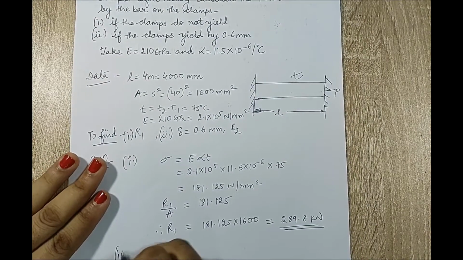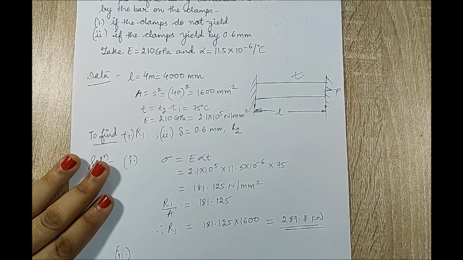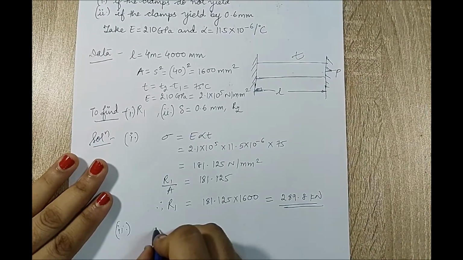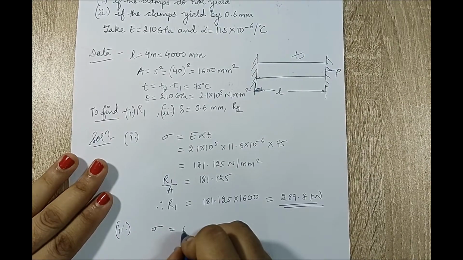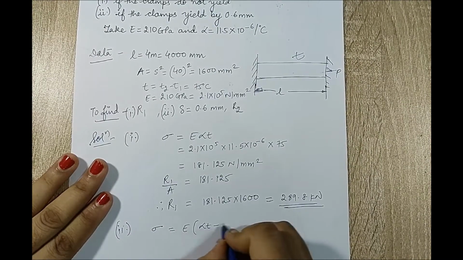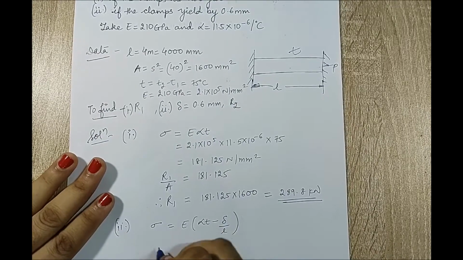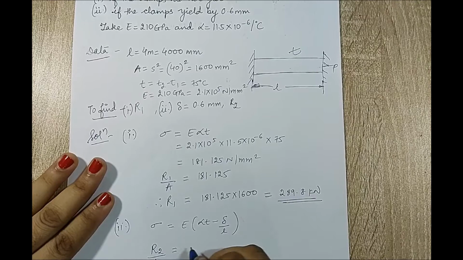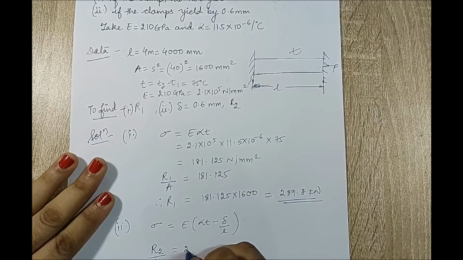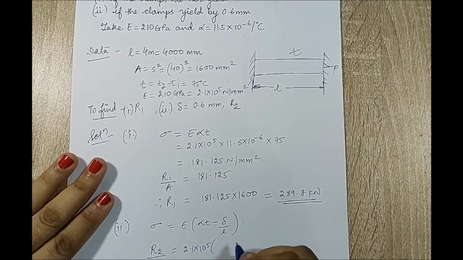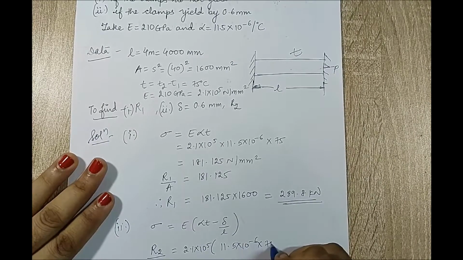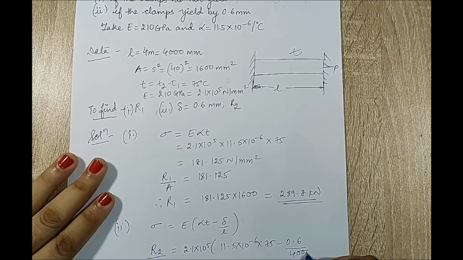Now let's go to the second case where the clamp is yielding by 0.6 mm. So for this one, the formula of sigma is E into alpha T minus del upon L, and sigma, as I have written, is going to be R2 upon A. The value of E is 2.1 into 10 raised to 5, alpha is 11.5 into 10 raised to minus 6, T is 75, del is 0.6 and L is 4000.